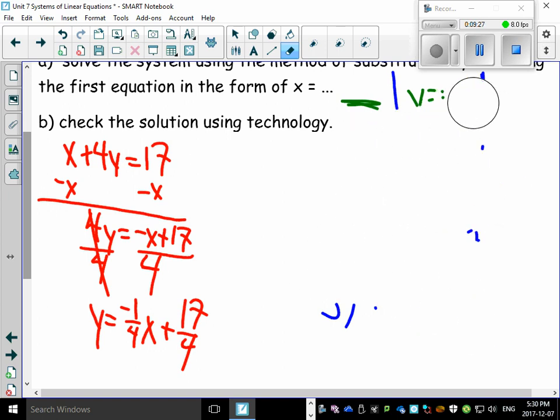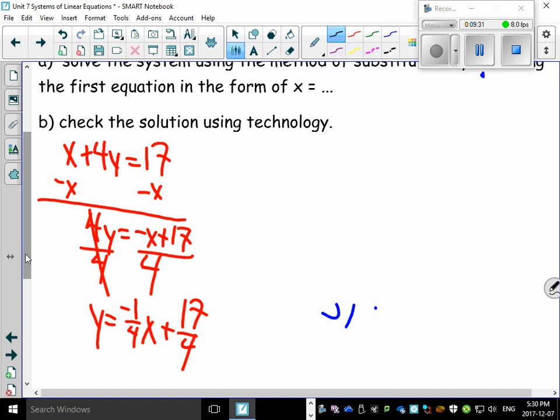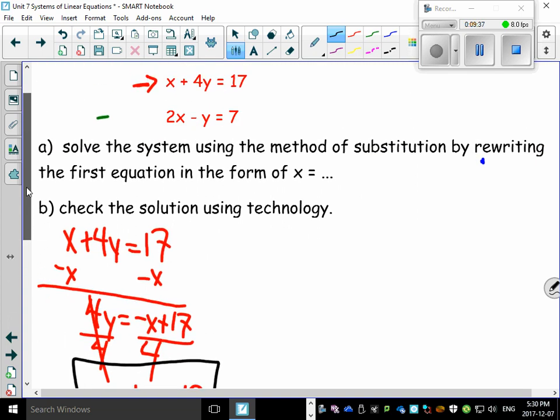Ugh. Okay, well, that's just one equation, and that's the problem with using this. If you've got the one equation here, it could end up being ugly fractions. Well, let's look at the other equation and see if we get ugly fractions out of this. This one will be a lot prettier. Look at 2x minus y equals 7.